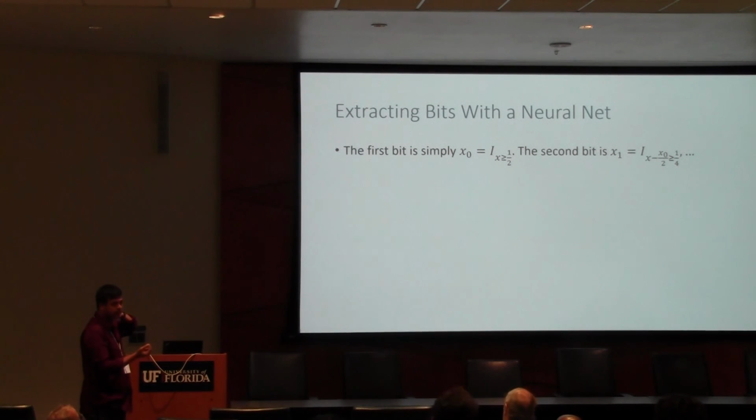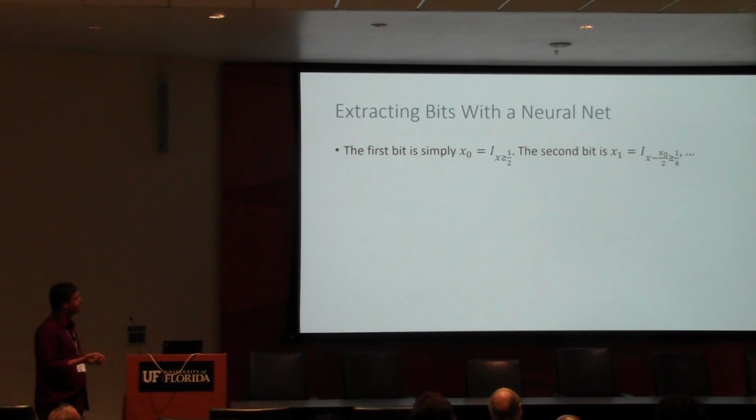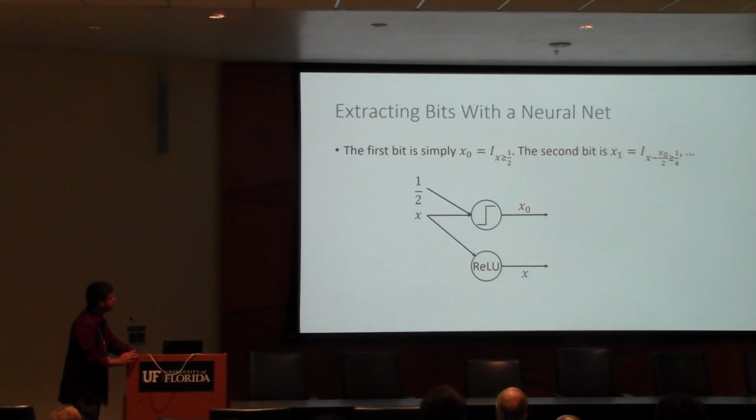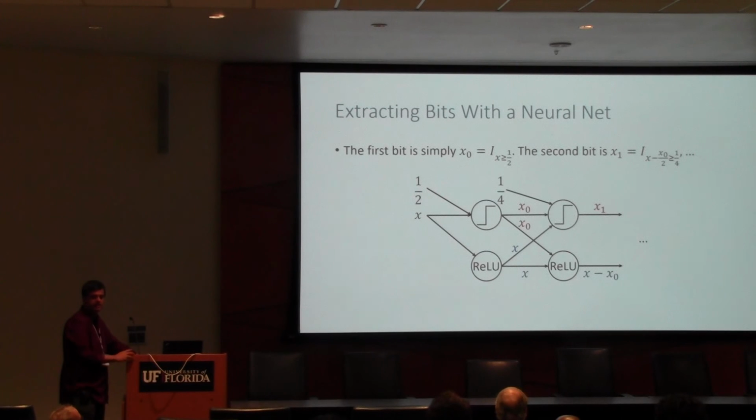Another way of saying this is: what is the first bit of a number between 0 and 1? It just tells you whether the number is greater than or equal to half, or less than half. The second bit just tells you whether the number minus the first bit divided by 2 is greater than or equal to 1/4, or less than 1/4. Each of these is just a threshold operation: you pass it through a threshold, and then you subtract something.